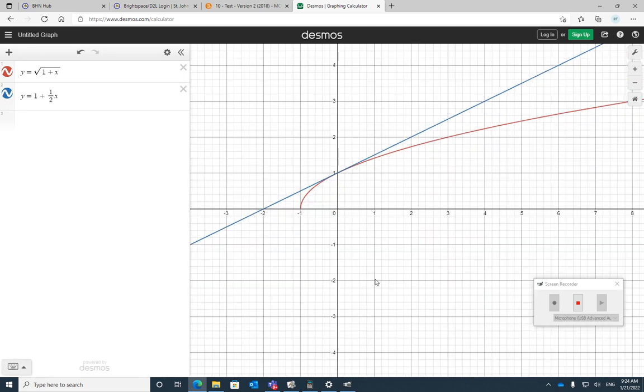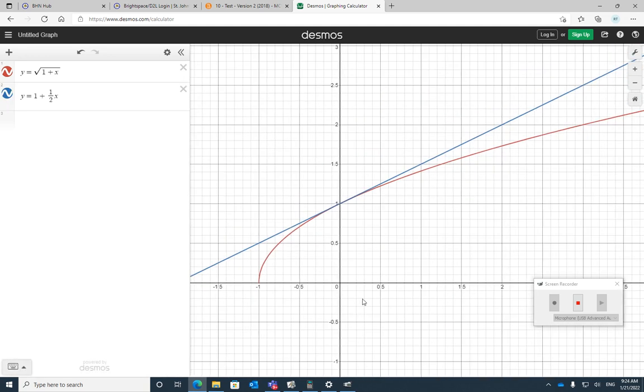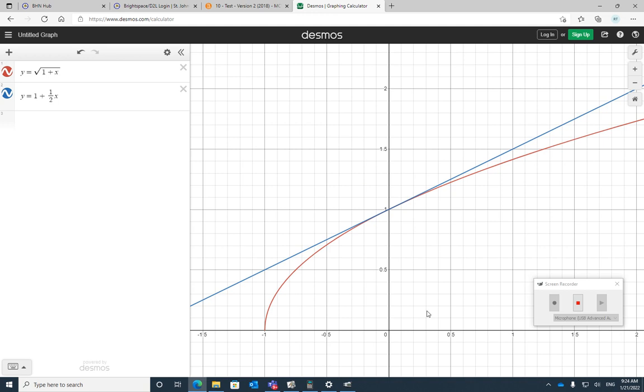And I'm going to really zoom in here. Not because I want to show off linearization, just so you can see what's happening. That's the important thing for me. Now, what this lesson is saying is that this curve, square root of 1 plus x, can be estimated pretty accurately by the straight line, the linear line, 1 plus 1/2 x, close to 0.